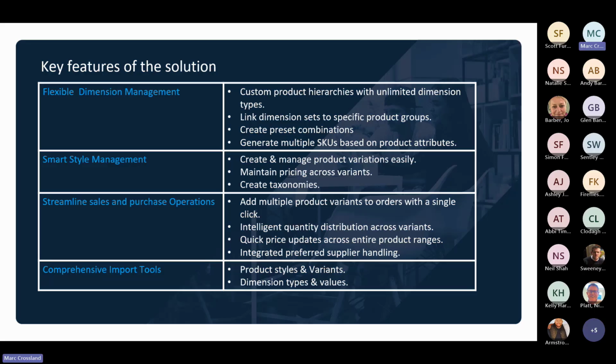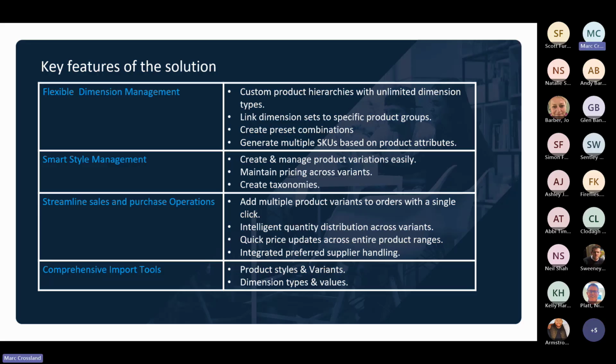It's easy to maintain pricing across whole style levels or SKU levels without going into each product individually. We can create what we call taxonomies, which are things held at master product level or style level that are true of all the sub products. So if you've got a website that you feed into or anything else, then that information is held in one place.